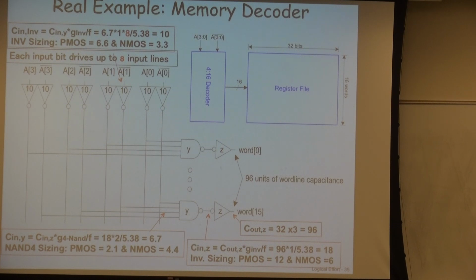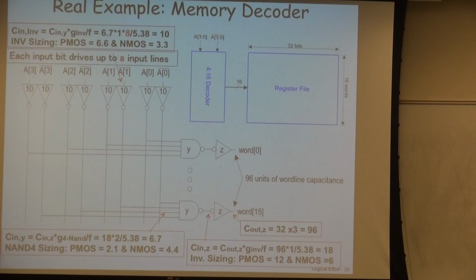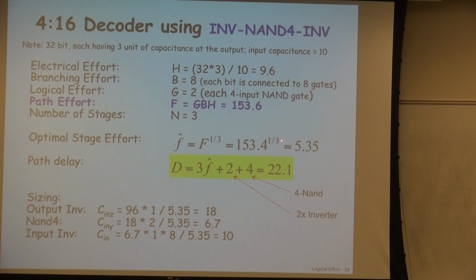That is equal to, we calculate by finding out the stage delay, 5.35. There are 3 times f, and each NAND gate has a parasitic delay of 2, and then the other gates have got 2 actually.